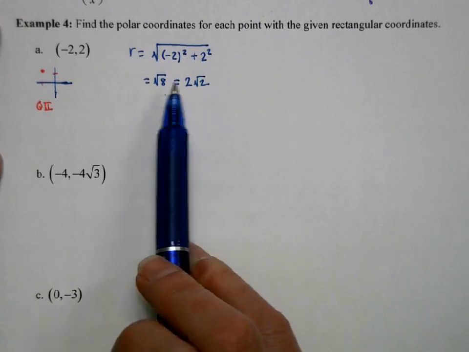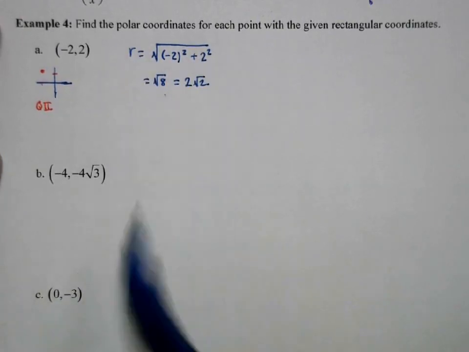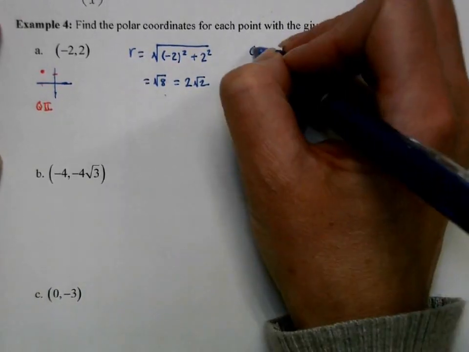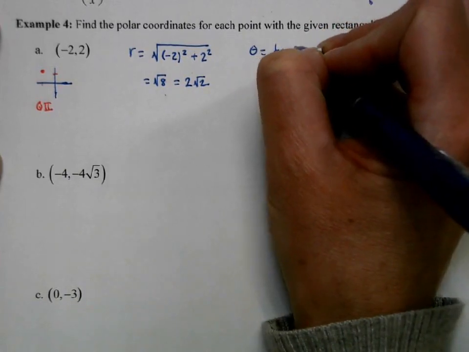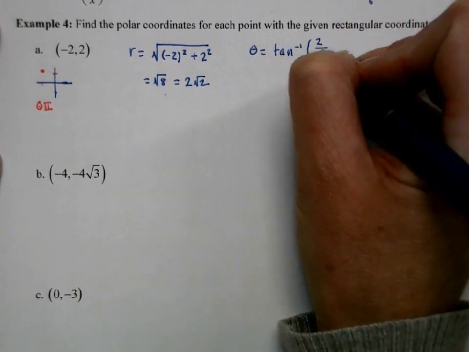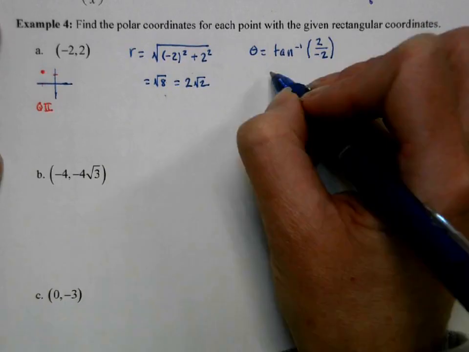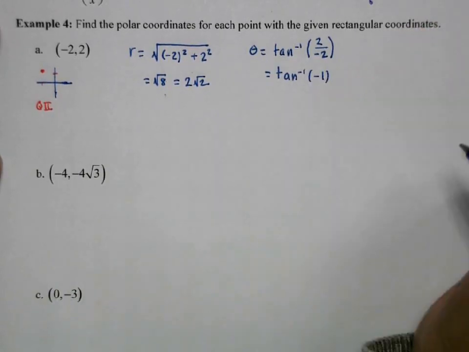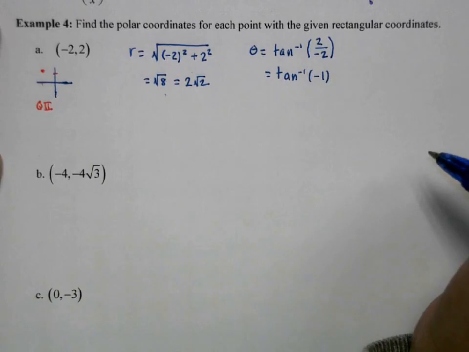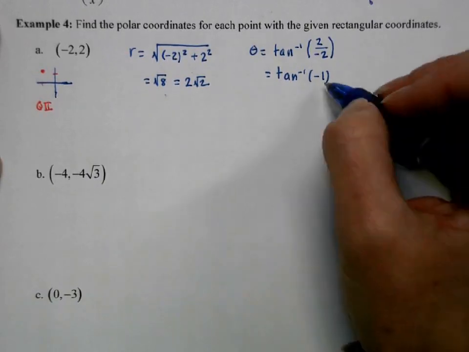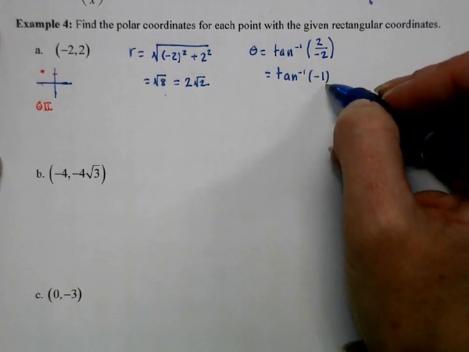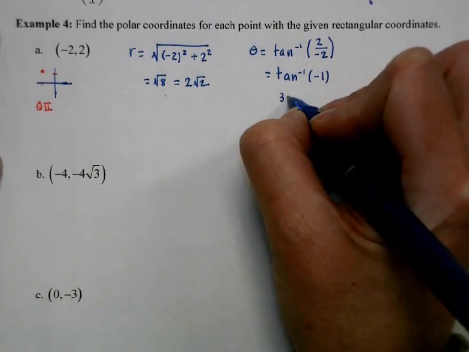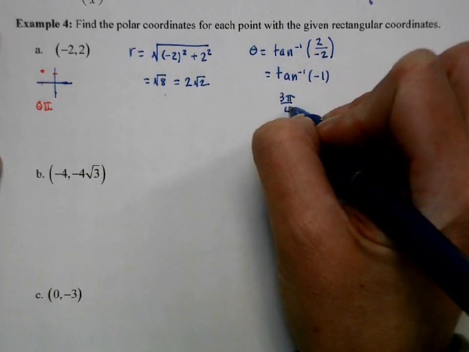Theta is going to be the tangent inverse of y over x. So we're looking for the tangent inverse of negative 1. On our unit circle, there are two locations where this happens, when our x and y coordinates are the same but opposite: in the second quadrant at 3 pi over 4, and in the fourth quadrant at 7 pi over 4.